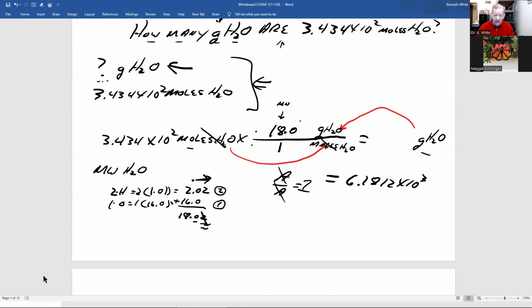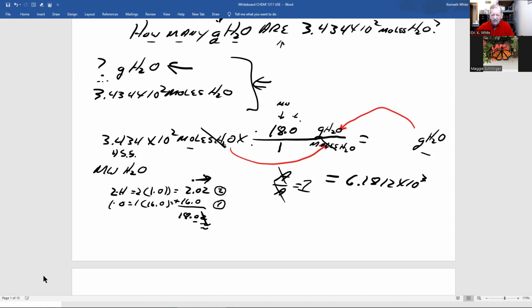Now, on test number 2, it says, please use proper significant figures for all calculated answers. And when you do multiplication or division, you get the same number of significant figures in your answer as the number you're multiplying or dividing that has the fewest significant figures. Now, all non-zero numbers are significant, so this has 4 significant figures.